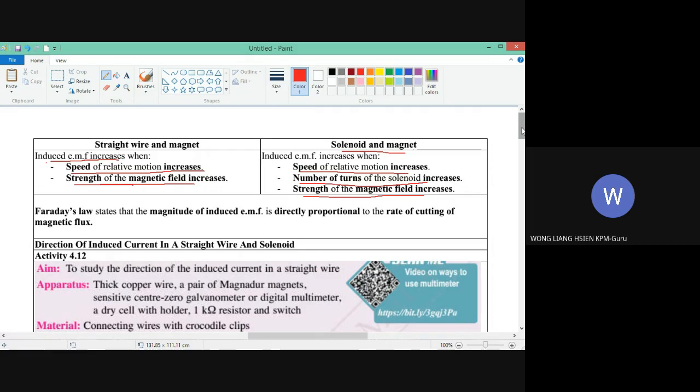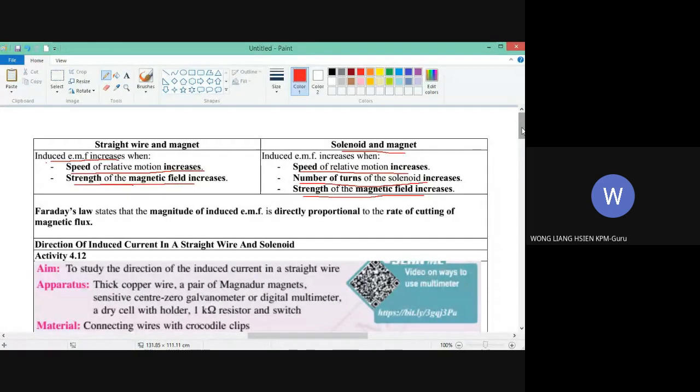So how do you get a stronger permanent magnet? One way is you combine two bar magnets together. Then you can get a stronger magnetic field. That means you use multiple magnets at the same time.